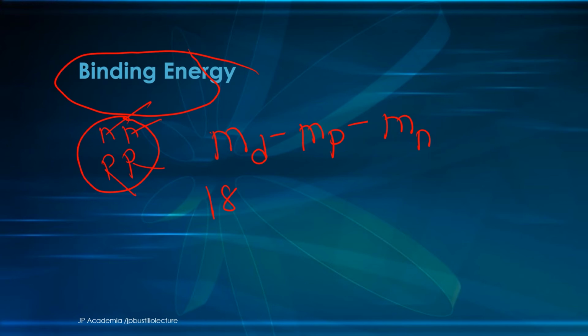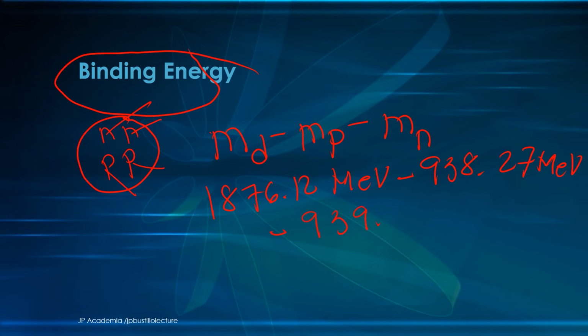This is equal to 1876.12 mega electron volts for deuterium in terms of energy, minus 938.27 MeV, which is the mass of the proton in terms of MeV, minus 939.57 mega electron volts for the neutron, and this would be equal to negative 1.72 mega electron volts.